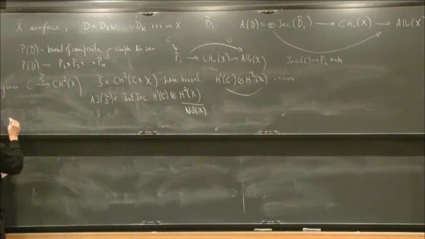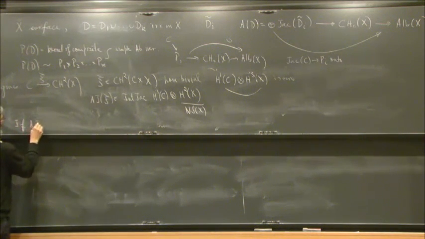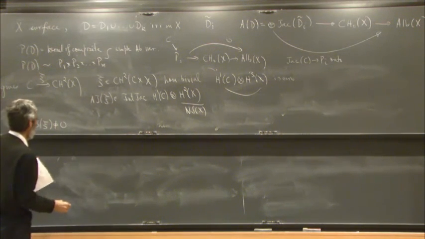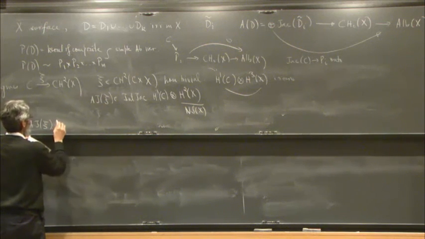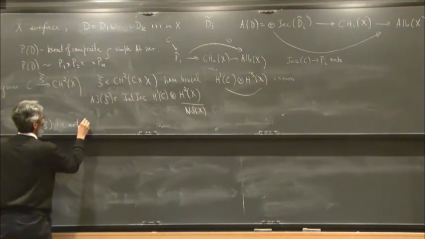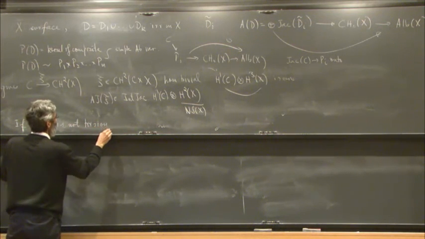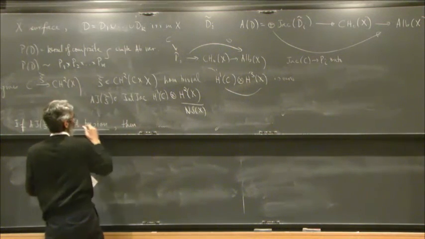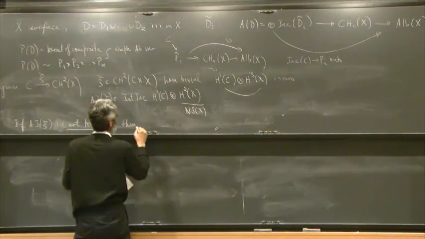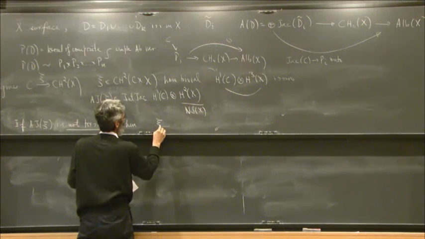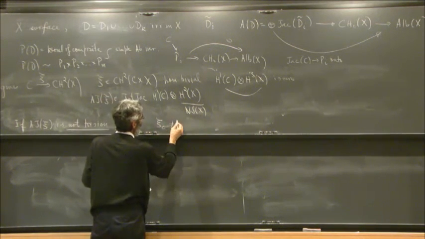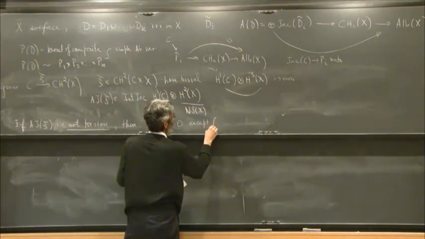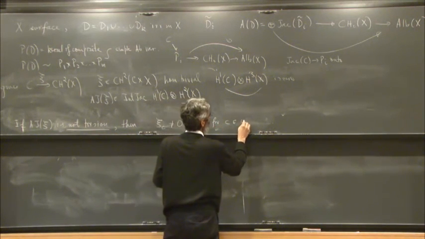And so of course if AJ psi is not equal to 0, and by which I actually mean is not torsion, sorry about that, then psi_C is not 0, in fact not torsion, except for C belonging to a countable subset of the curves.